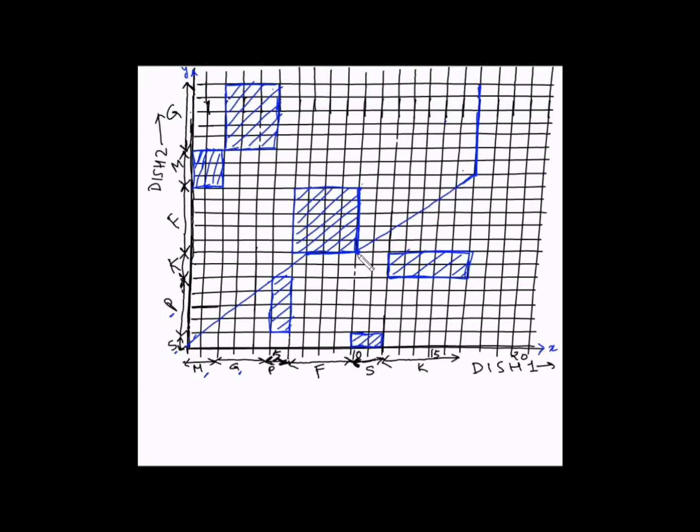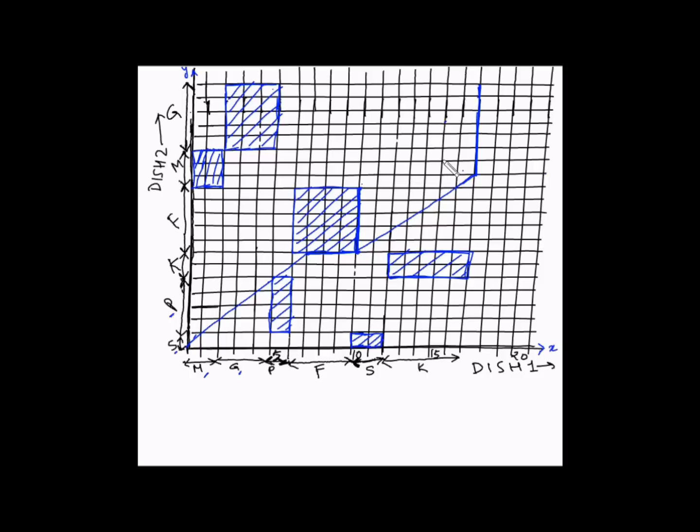So here at the edge of the rectangle for equipment F, we had two options. One is to draw a 45-degree angle line, or to move vertically along the rectangle. So let's try the second option. So here I'll draw a line vertically along the rectangle. Now at this edge, then we have to go 45-degree angle again.